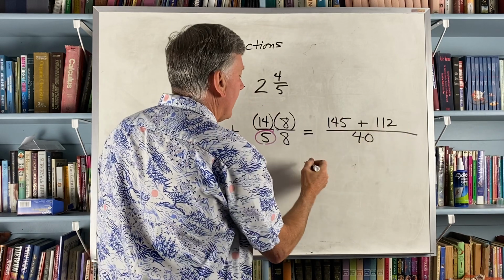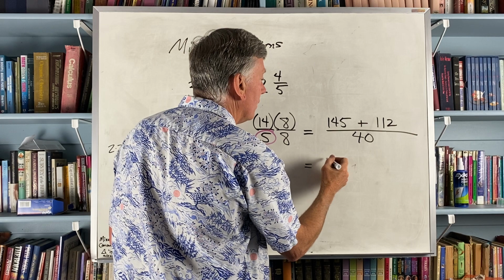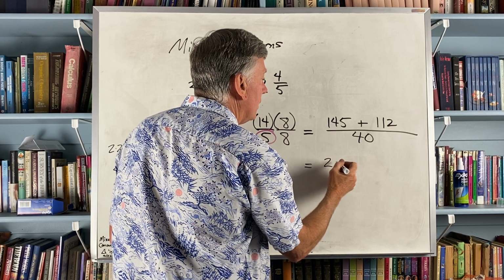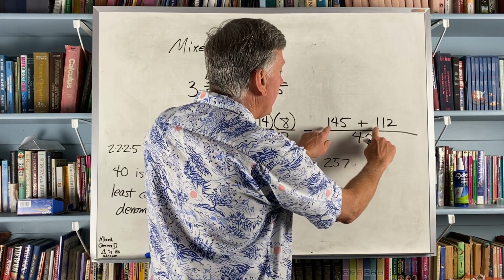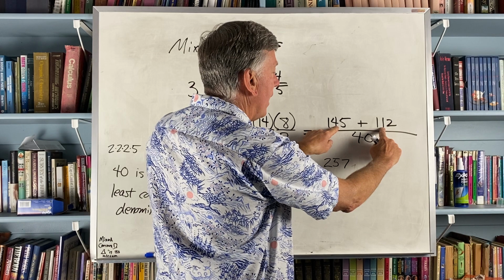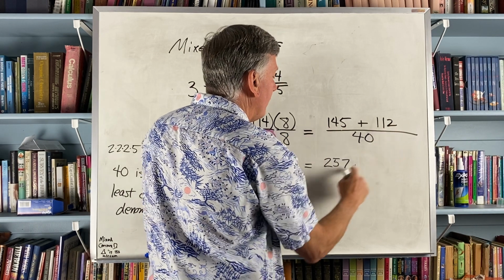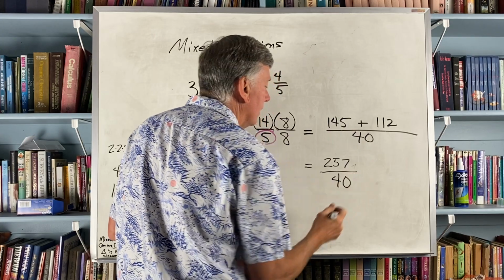So now I'm ready to add these up, and I have 145 plus 112 is 257. I'm just in my head saying 1 plus 1 is 2, 4 plus 1 is 5, 5 plus 2 is 7, and I get that over 40.